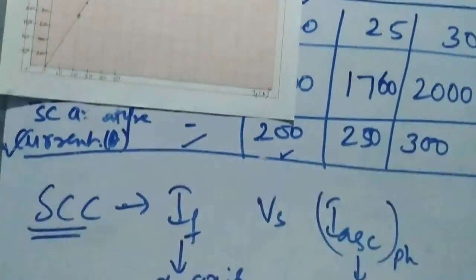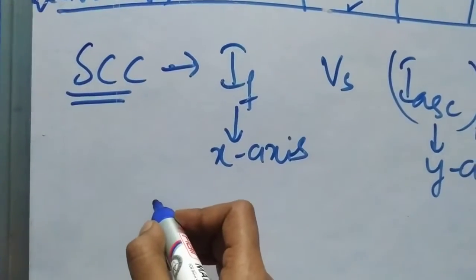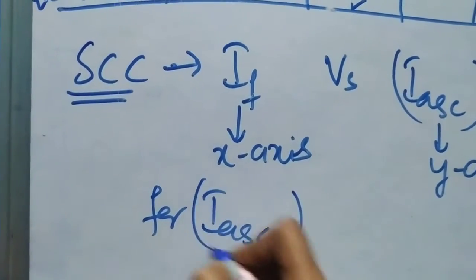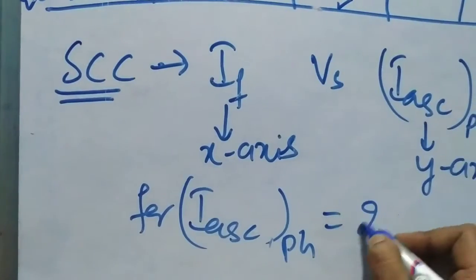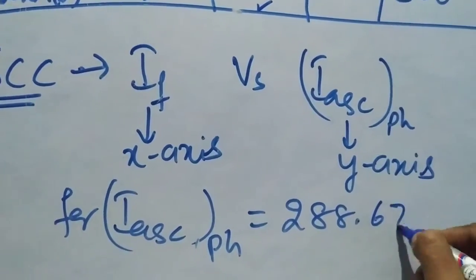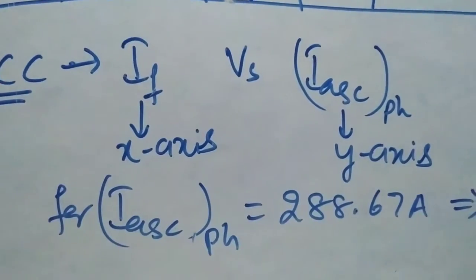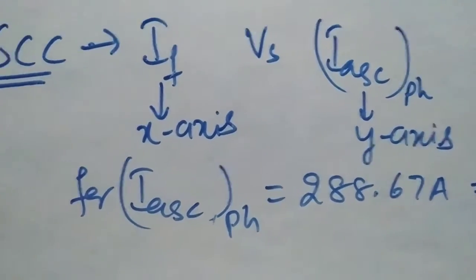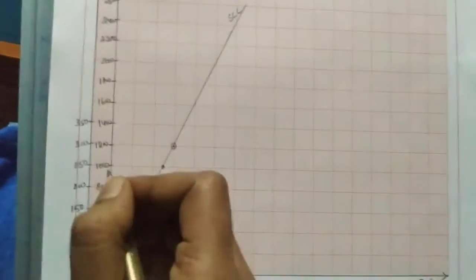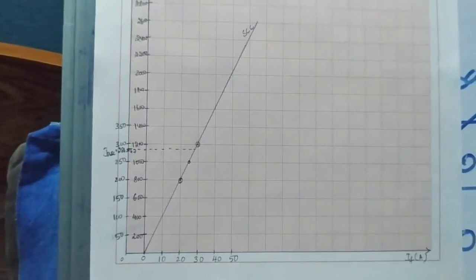Now here you can write that we have to determine the field current for IAC phase equal to 288.67 ampere. Okay, so let us mark it here.